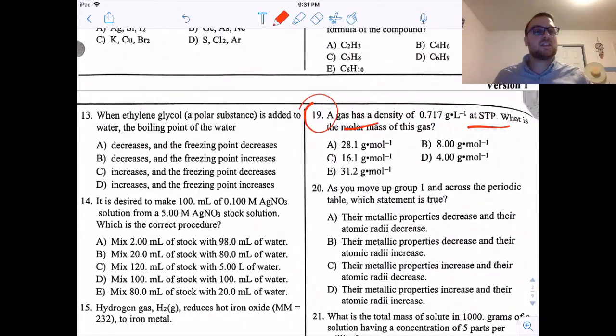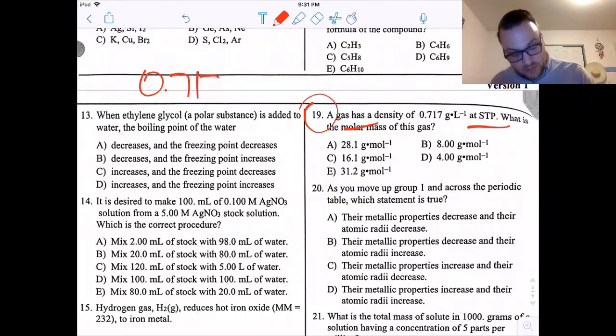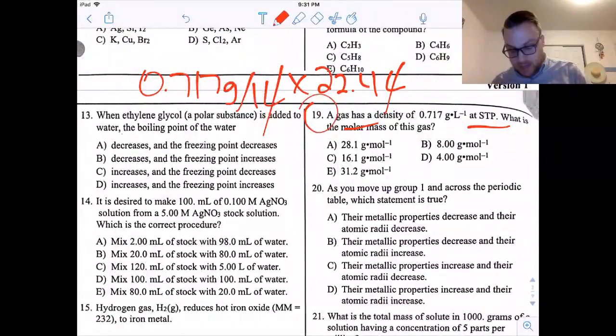Now, if you don't remember exponents, -1 is the same as grams over liters. So I got 0.717 grams per 1 liter. I'm going to multiply that by 22.4 liters. Liters go bye-bye. And I get 16.1 grams. Whoop.